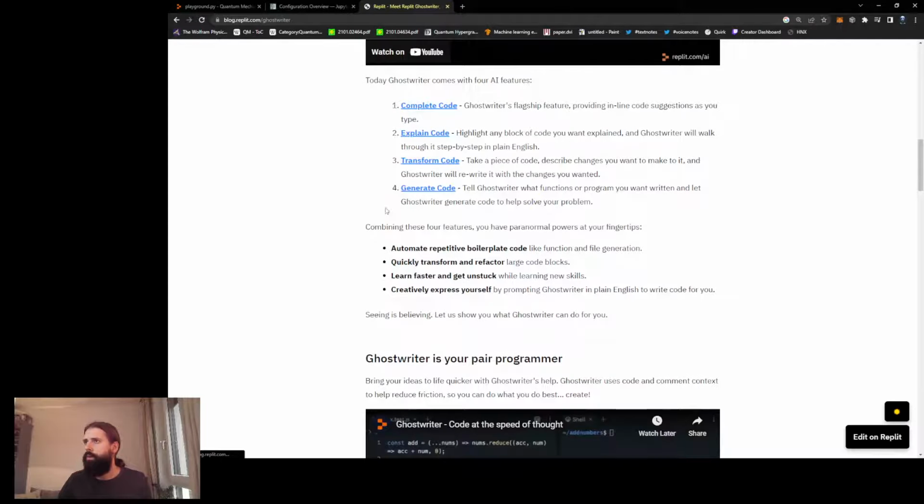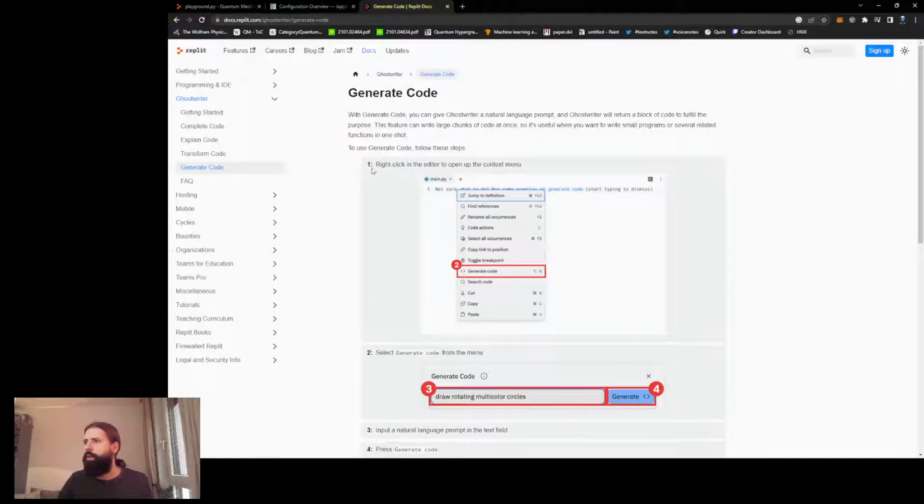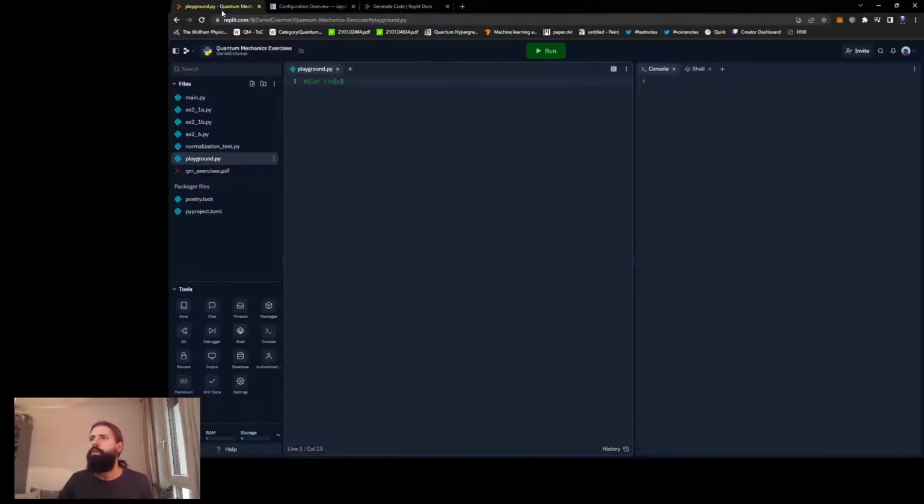It's activated already for sure. Complete code, explain code, generate code. Okay, right click, generate code. I have to prompt it like this. Generate code, Alt G. Okay, so plot the sine of x function.